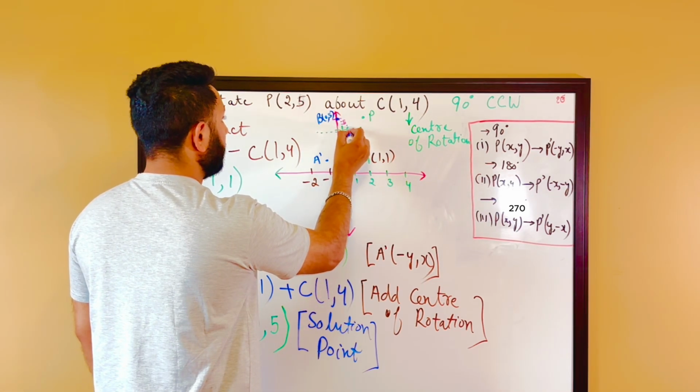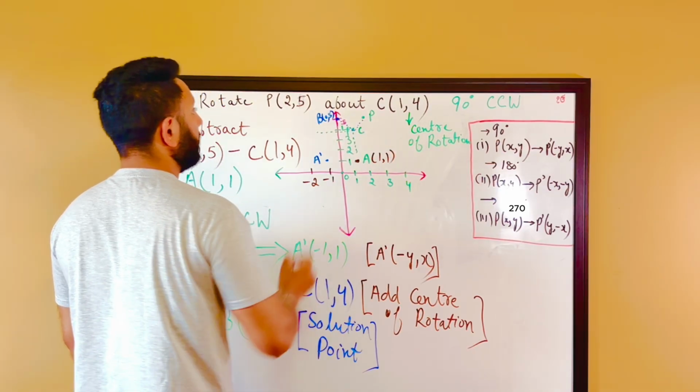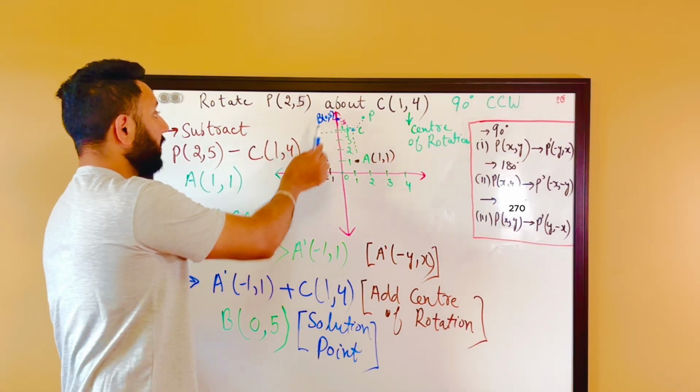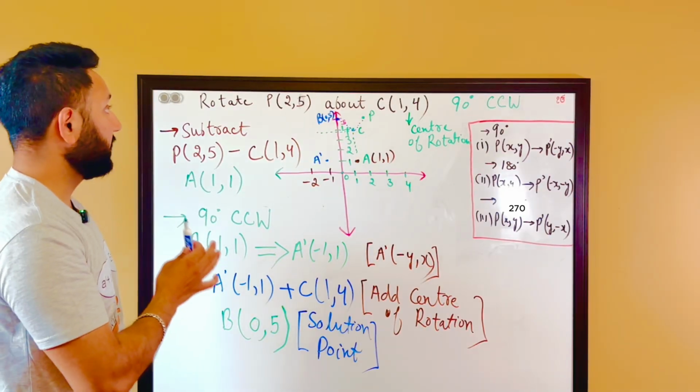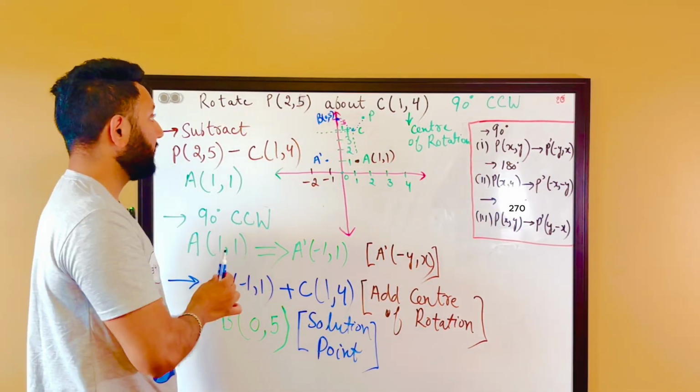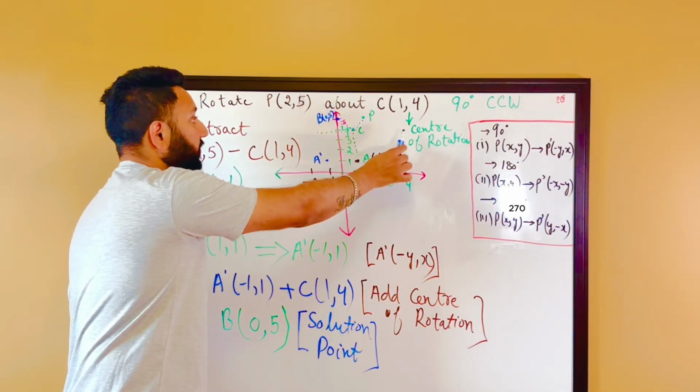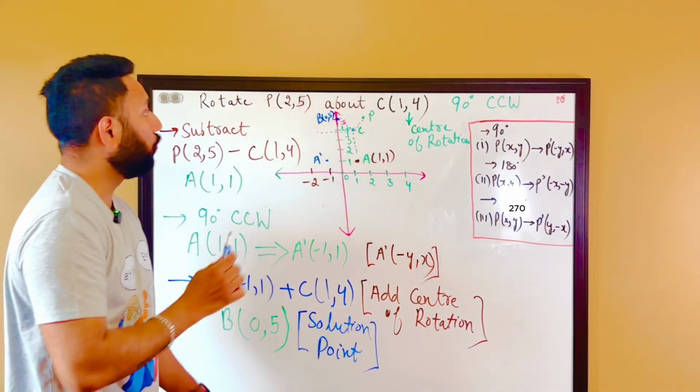So this is our final point after applying 90-degree counterclockwise rotation about this center of rotation point C(1, 4).